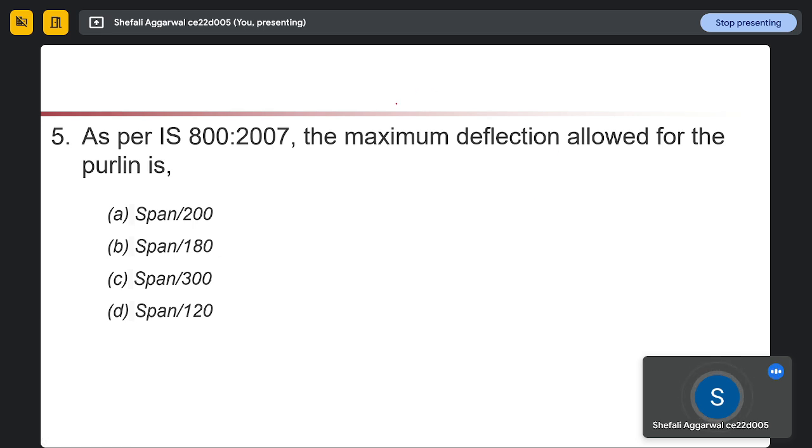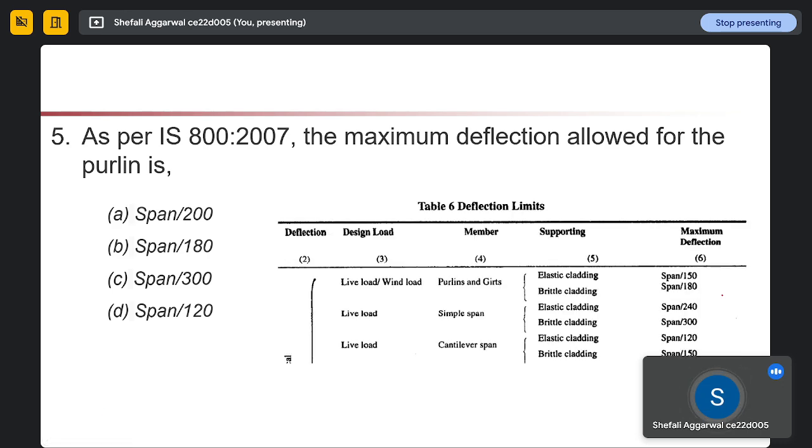So next question is, as per IS 800, the maximum deflection allowed for the purlin is span upon 200, span upon 180, span upon 300, or span upon 120. So if you remember this table, Table 6 of deflection limits.